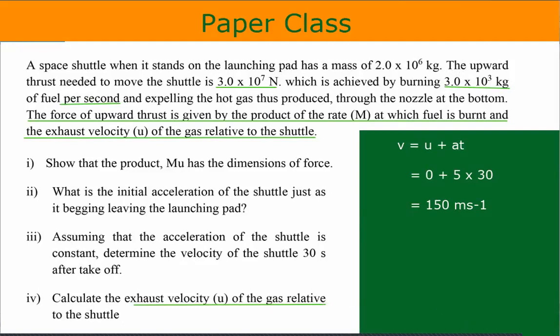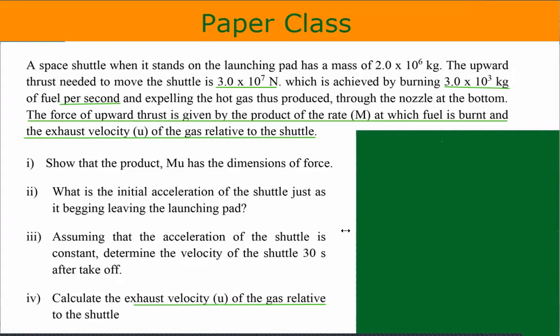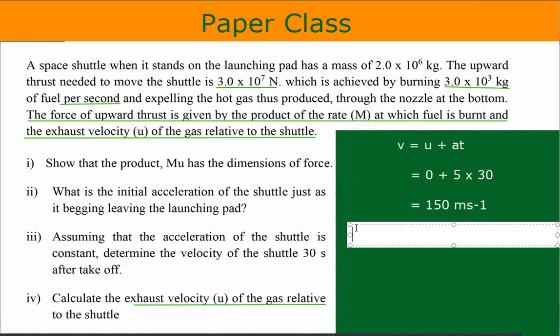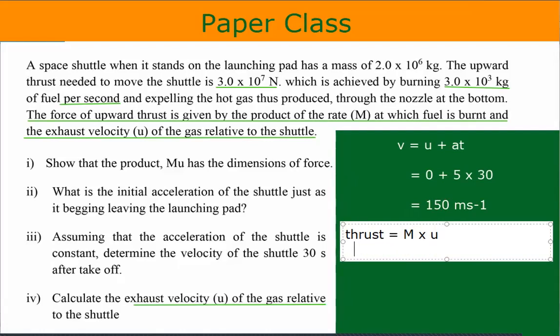Can you see it there? What are the things that they have given? They have given us the equation. What is the equation that we should use? Thrust, or the force acting on the rocket, is equal to the product capital M into U. Capital M is the rate at which the fuel is burned, and it is given.